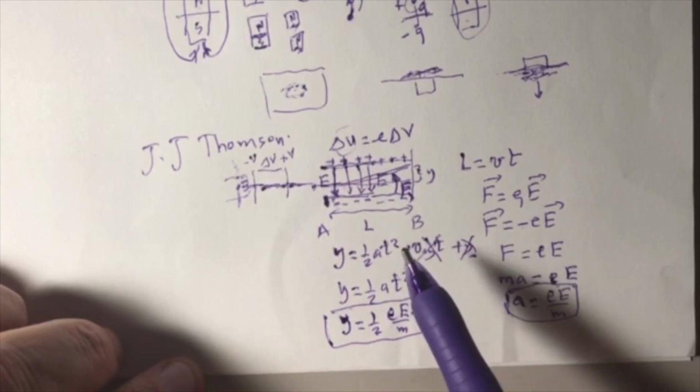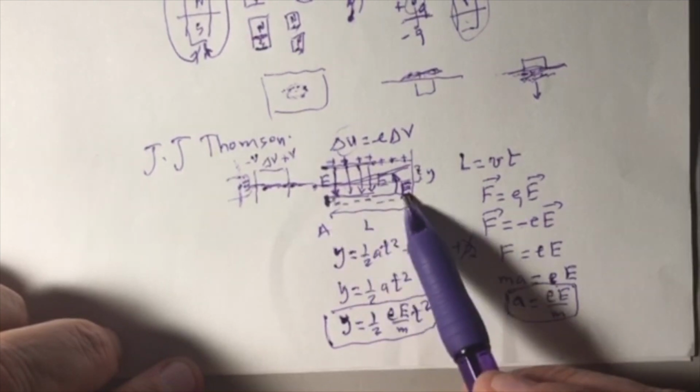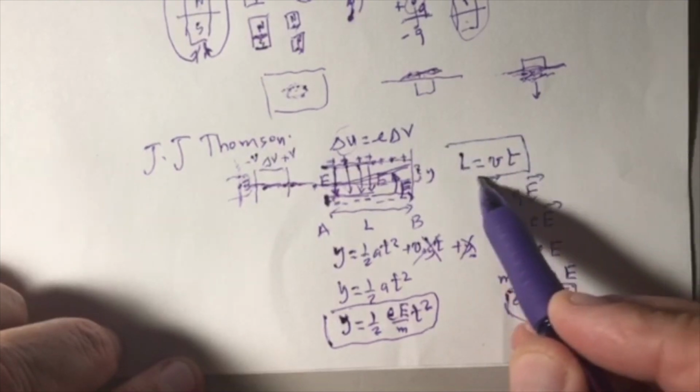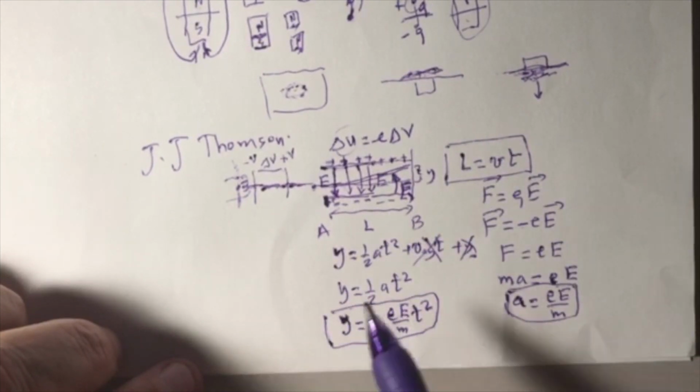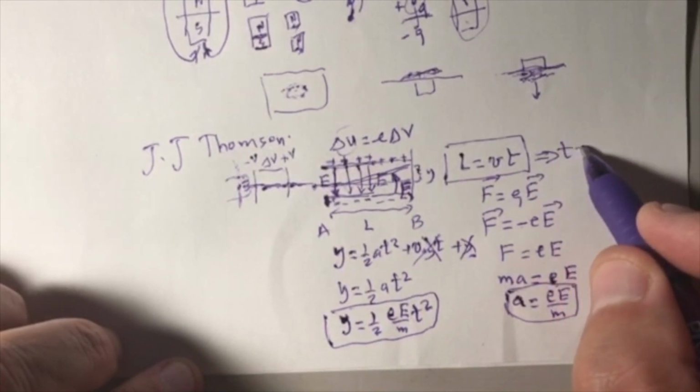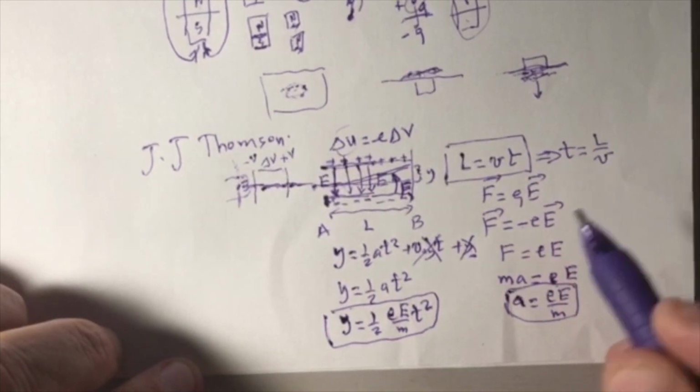It's easy to find t. If you know the distance and you know the velocity, you can find t. Let's take t from here. So t is equal to L over v.